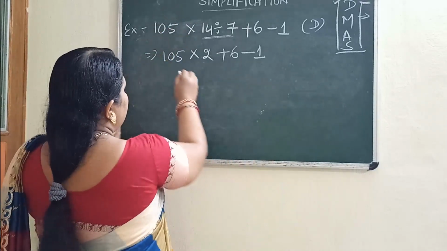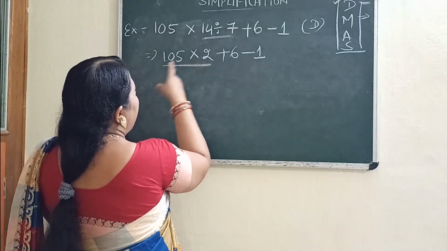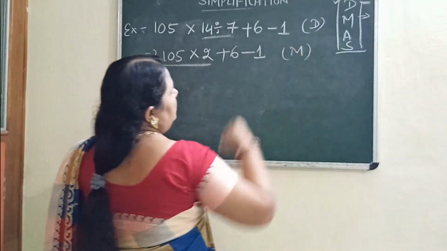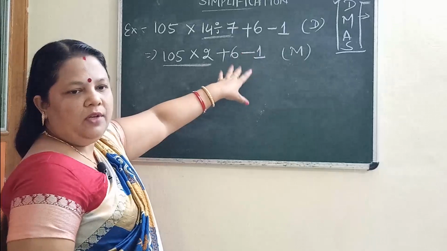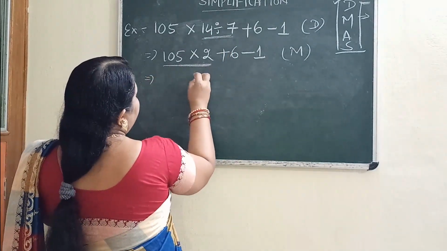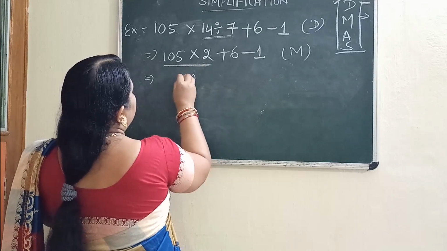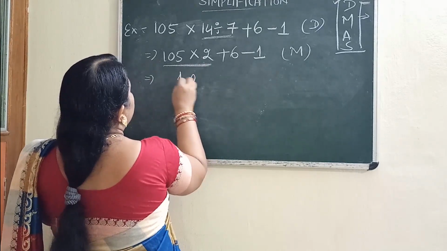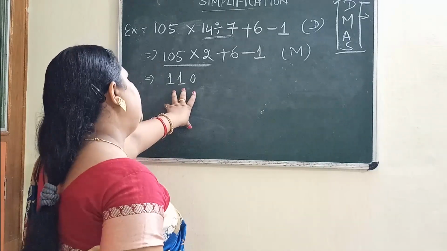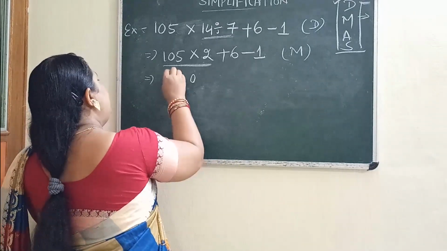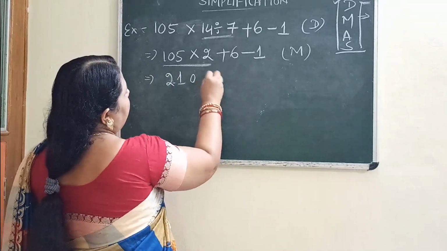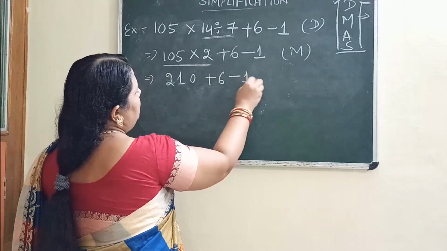So in this step we are going to multiply 105 multiplied by 2. You have to mention what operation you are following in this step. So what is the value after multiplying this? 210. Okay, then rest all write as it is, plus 6 minus 1.